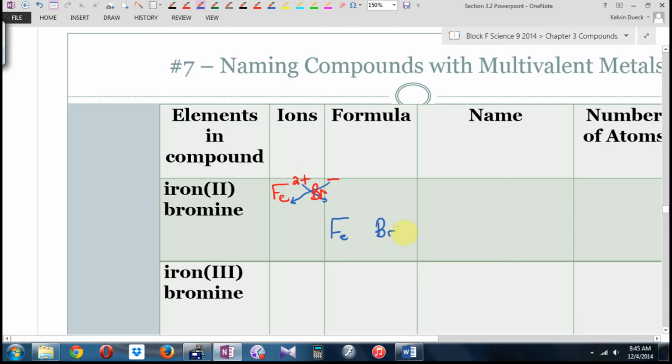How many irons do I need to make this a stable compound if the iron ion has a charge of 2 plus? 1. Am I going to write the 1? Okay, I'm going to erase that. But how many bromides do I need? The formula for iron 2 bromine is FeBr2, except there shouldn't be a huge space between it. So I'm going to fix that because that's irritating to me.